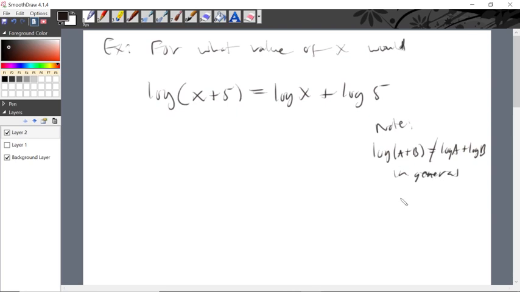In fact, what's actually true is that the log of a plus the log of b actually equals the log of a times b. That's law 1, from the laws of logarithms.